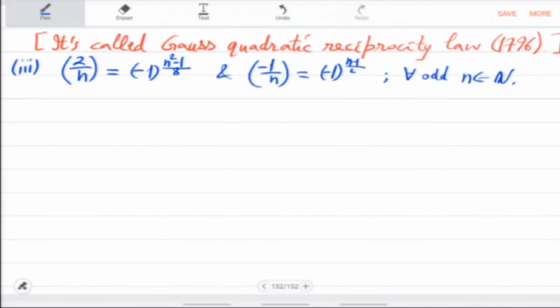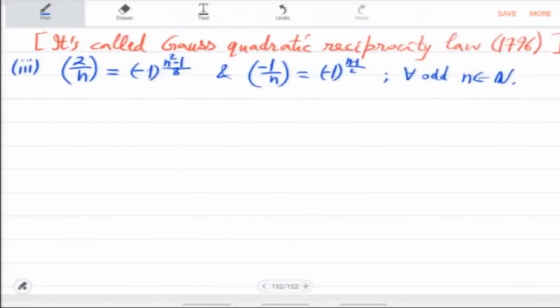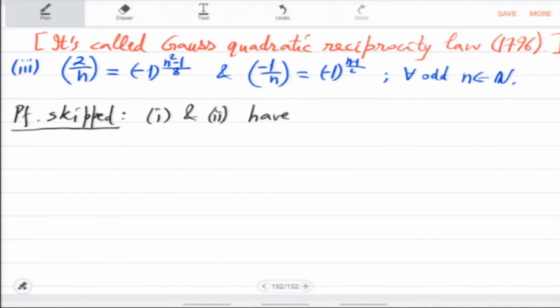This is a minor calculation, but the major properties were multiplicativity and quadratic reciprocity. We will not give the proofs of this. This is standard and can be found in standard number theory books. Just one remark: 1 and 2 have elementary proofs.